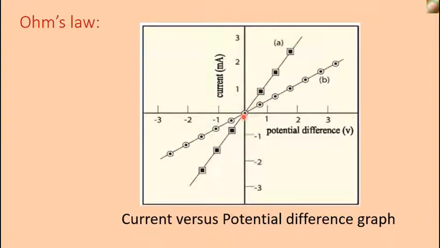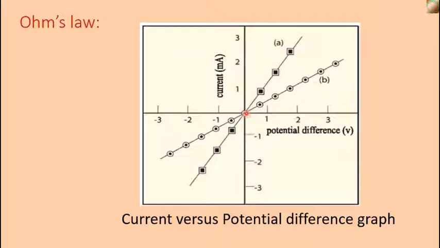If we reverse the electric cell, or reverse the potential difference, that is if the potential difference is increased in the negative direction, that is -1 volt, -2 volt, -3 volt, then the current is reversed, that is negative current will be obtained if we reverse the potential difference.